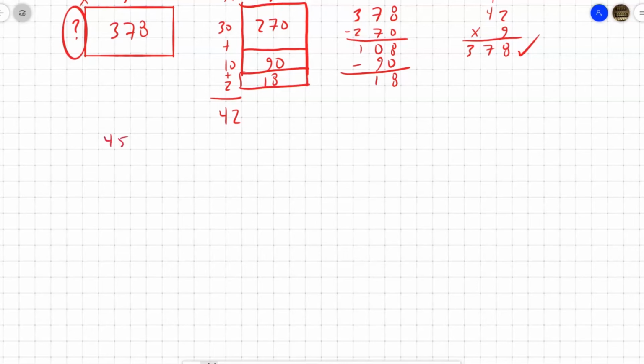That was 45 divided into 413, or 413 divided by 45. That one was difficult because how many 45s are in 4? 0. How many 45s in 41? 0. How many 45s in 413? I don't know. That's what I'm trying to find out.